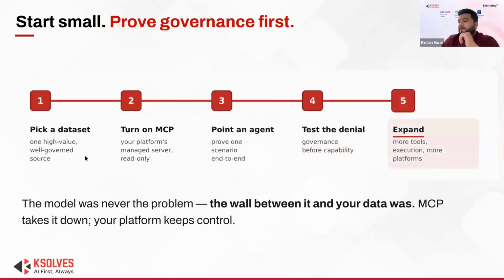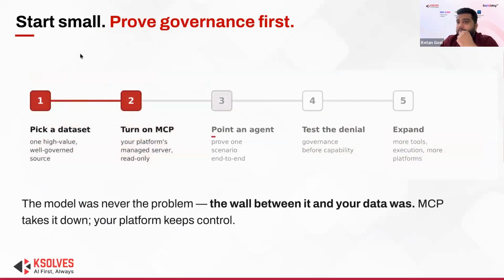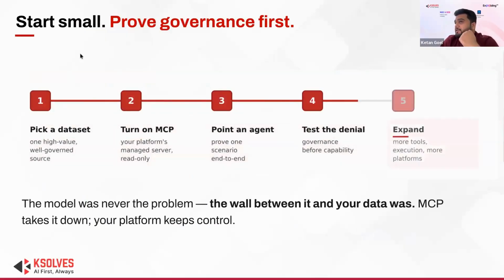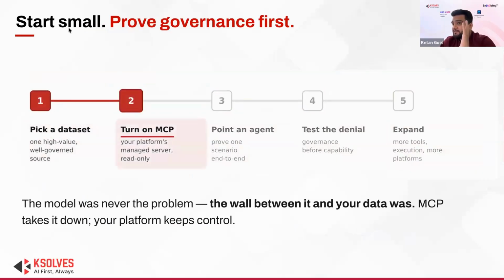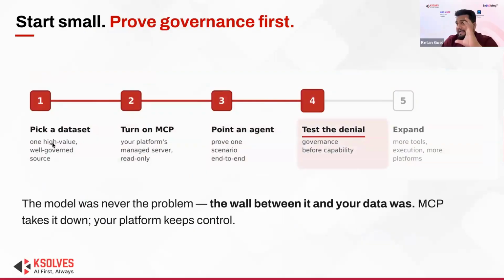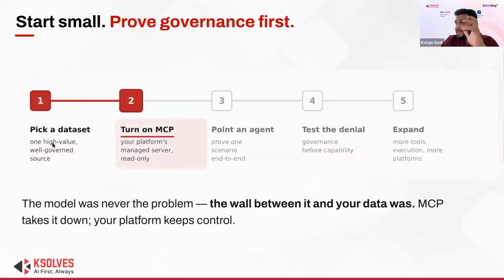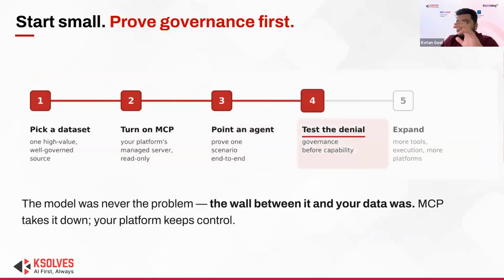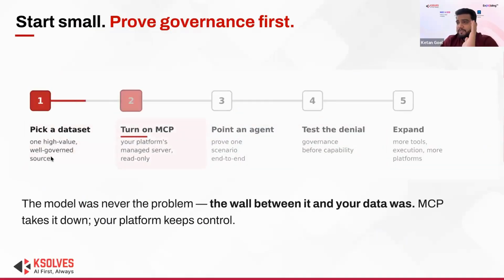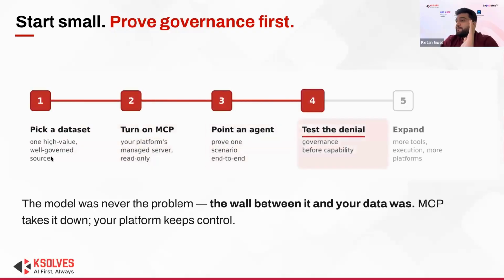Now the last thing: how you should start building such applications. My recommendation is to start small. Pick a small data set that has high value impact, and build one or two agents with that. Expose it as an MCP server and test with that.